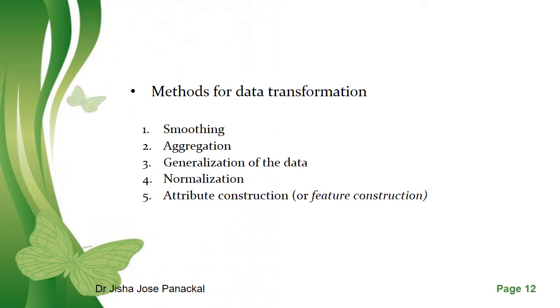For example, if the age of a particular person is 6, we can generalize it into 5 to 10. Or if the age is 27, we can generalize it into 25 to 30. Like that. That is the generalization of the data. Or we can do the normalization process, or we can do attribute construction. It is also known as feature construction. These are the different methods for data transformation.